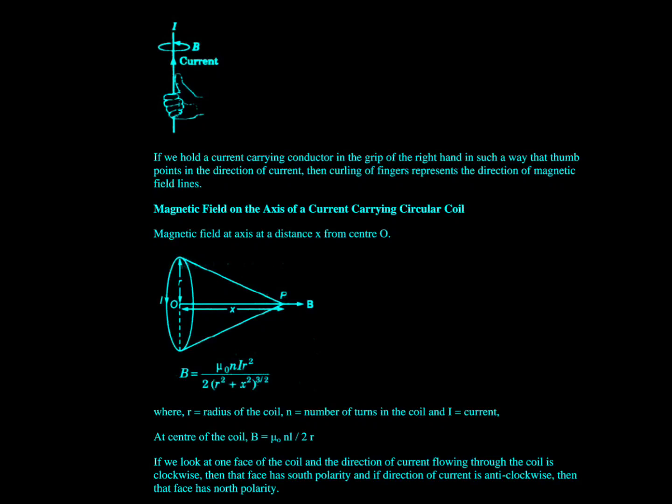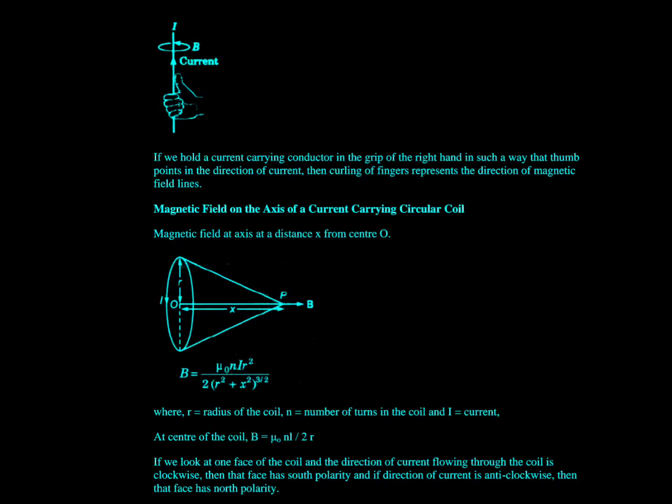To calculate the magnetic field, we first consider a small current element, and at a point P, at a distance x from the center O, we have to find the magnetic field. The angle between dl, the current element length, and the line joining it to the point P is 90 degrees.